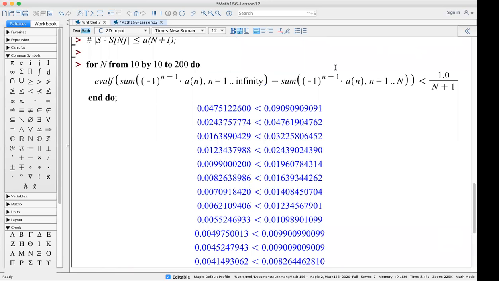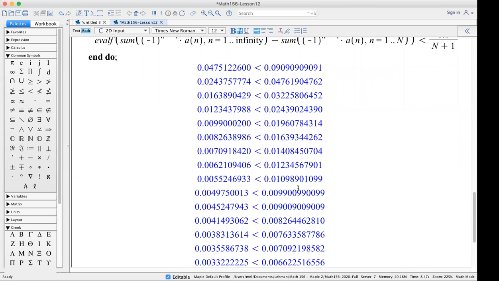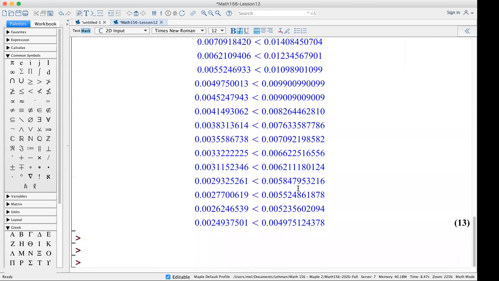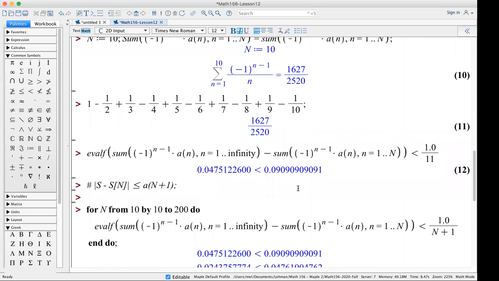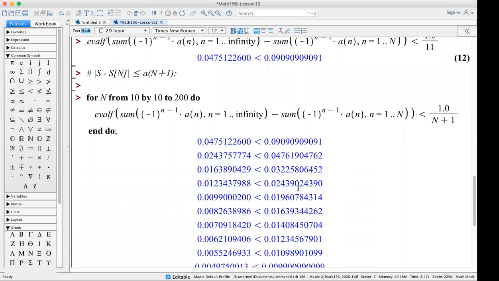So in each case, the right-hand side has to be bigger than the left-hand side. And it is. This is a kind of a demonstration of the validity of this theorem in Math 176 about the alternating series.